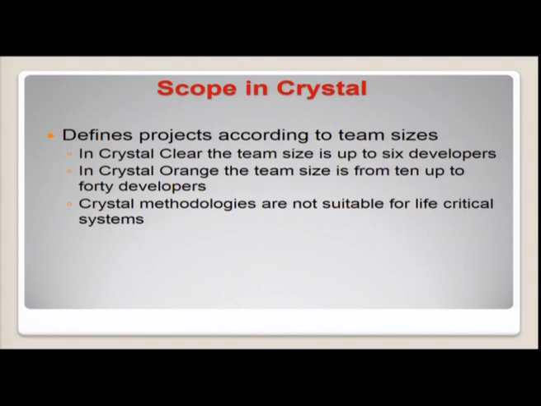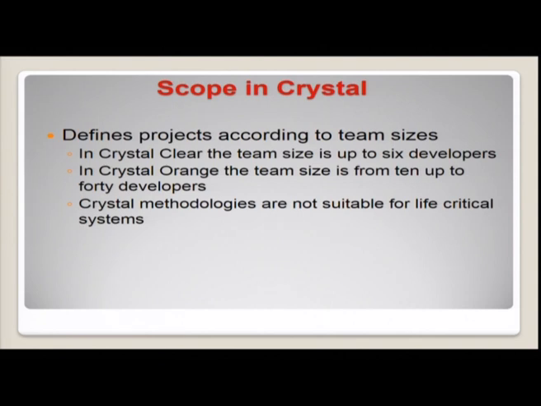That is, Crystal Clear, Crystal Orange, Crystal Maroon, Crystal Sapphire, Crystal Diamond are all called different regions. So Alistair Cockburn has stated that if the team size increases, it is not a good practice to stay in the older approach.